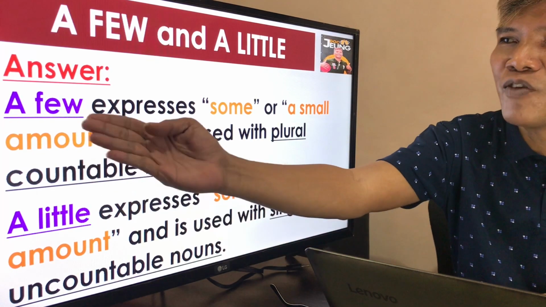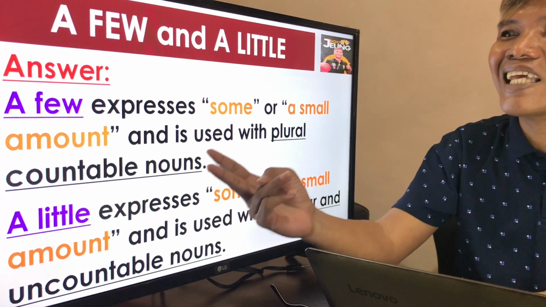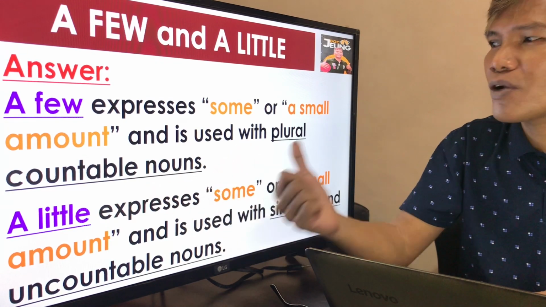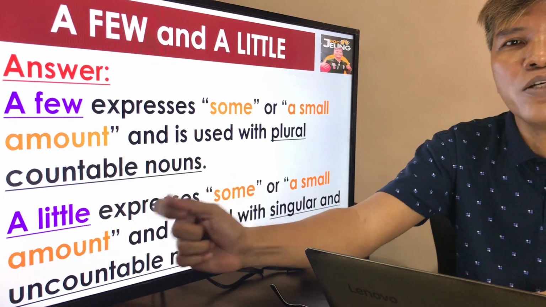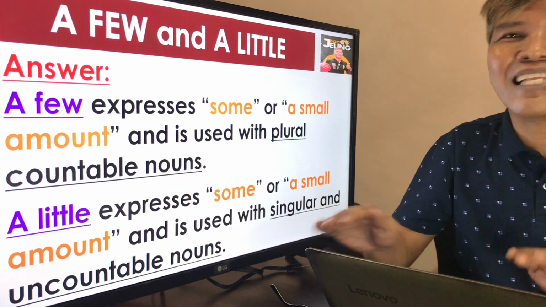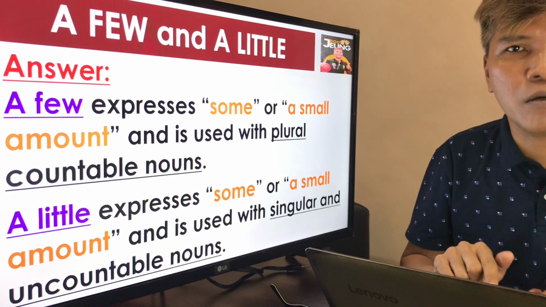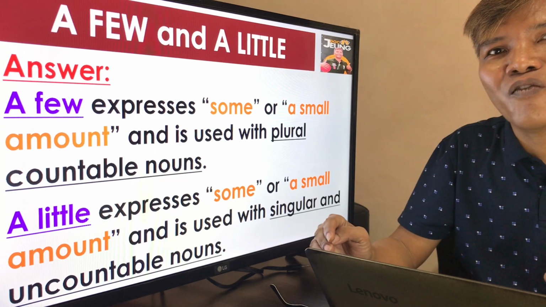If you use a few, you will use it with nouns that can be counted, or countable nouns, and they are in the plural form. While a little, you will use with those nouns that cannot be counted, the so-called uncountable nouns. Most uncountable nouns are in singular form.